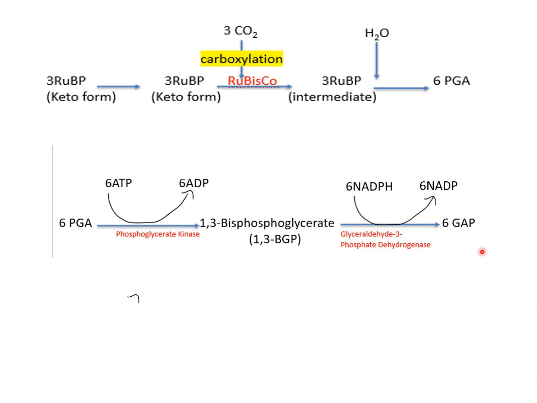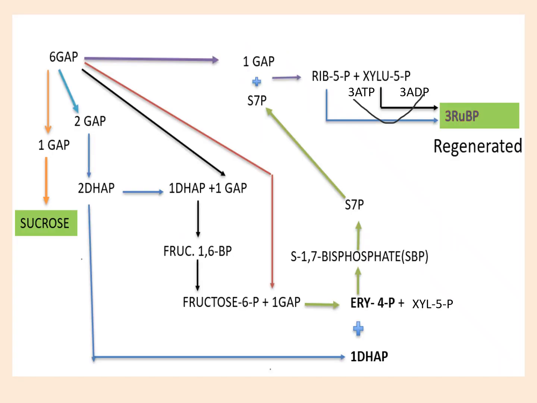Now from here you need to understand what happens to these 6 molecules of glyceraldehyde 3-phosphate. So just now we completed the second stage, that is reduction of 3-phosphoglycerate into glyceraldehyde 3-phosphate. So we have now 6 molecules of glyceraldehyde 3-phosphate.